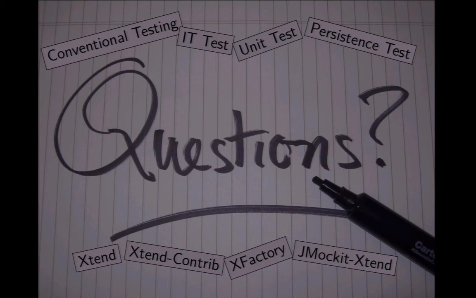And your actual productive code, is that then written in plain Java? Yes, our productive code is written in plain Java, and our tests are up to 95% written in Xtend and Genero. Why aren't you migrating the production code, the entire project, to Xtend?